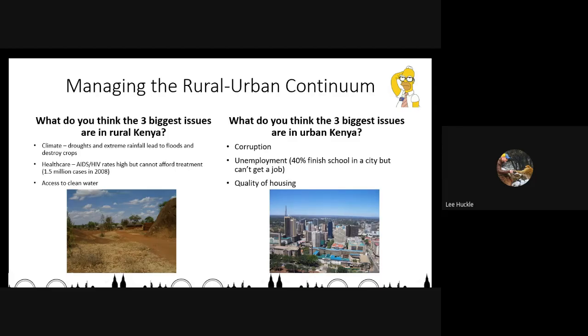But then looking at the biggest 3 issues in urban Kenya, the biggest being corruption, unemployment, 40% finish school in a city but can't get a job. And then looking at the quality of housing. So therefore, looking at a country such as Kenya, looking at the differences between that rural urban continuum and the 2 different areas and the different issues that often appear in rural and urban areas.